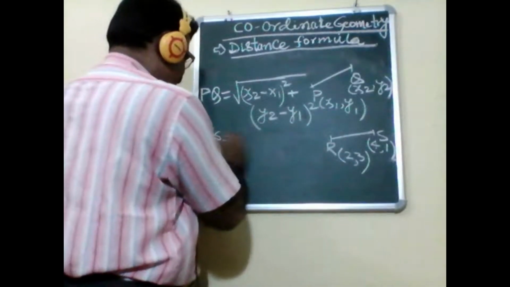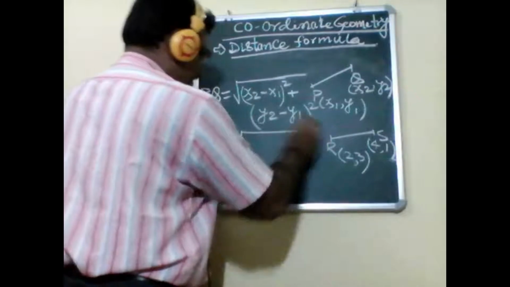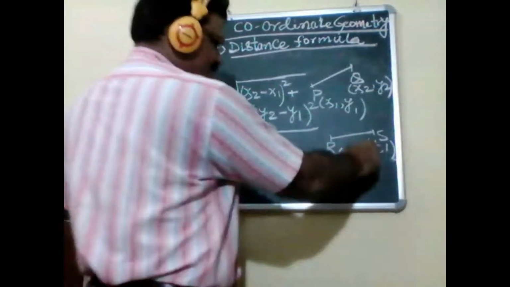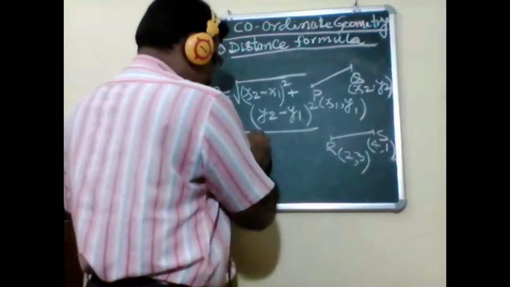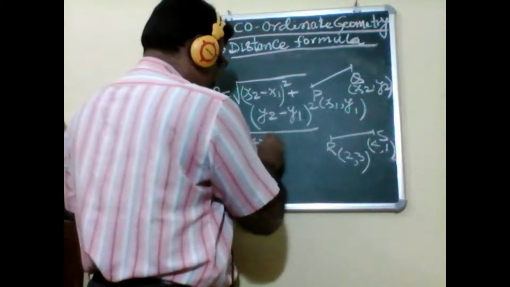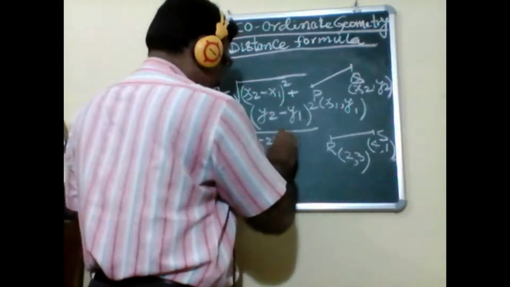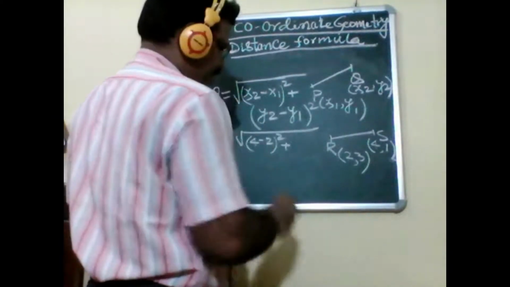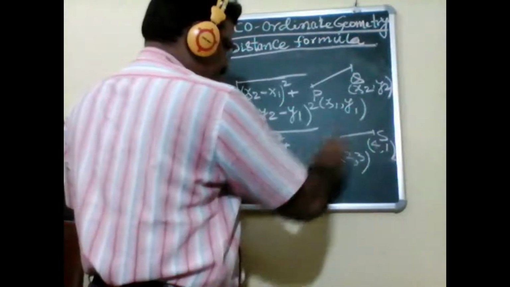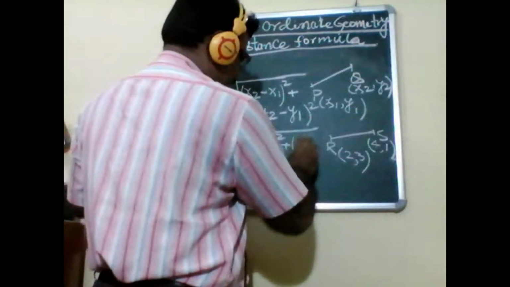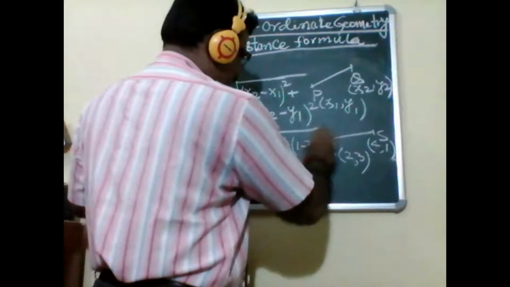RS can be obtained using this formula: x2 minus x1, that is 4 minus 2, the whole square, plus y2 minus y1, that is 1 minus 3, square.